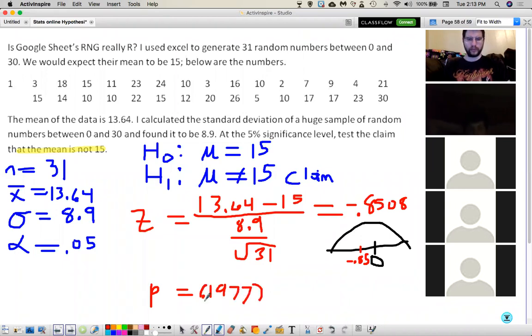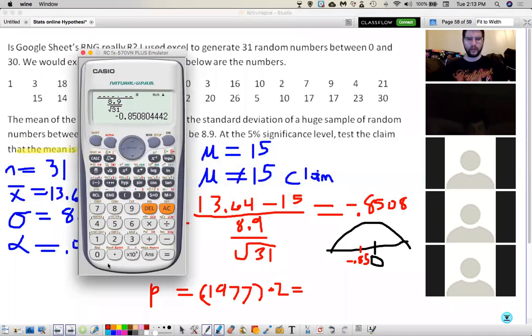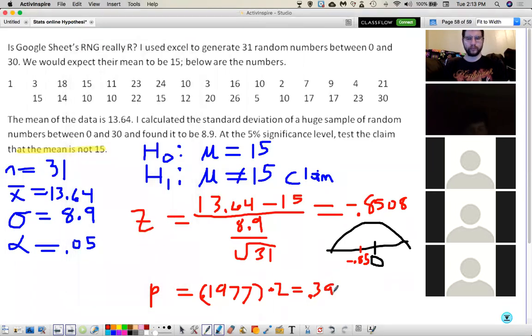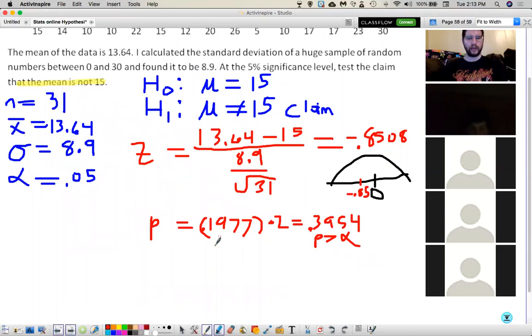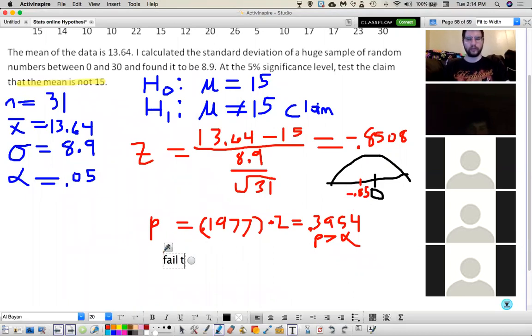It's a two-tail, so after I do that, I have to double it. 0.1977 times 2 gives me 0.3954. So P is bigger than alpha. Since P is bigger than alpha, I'm going to fail to reject the null. We have a lot of those on this homework.